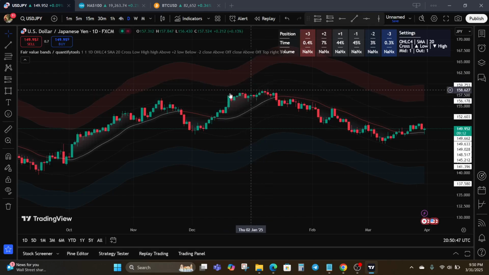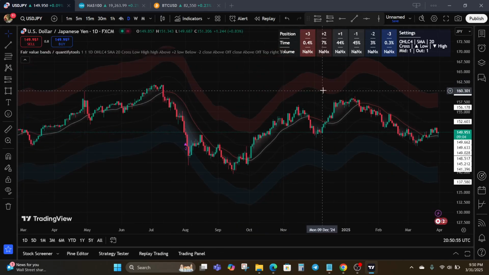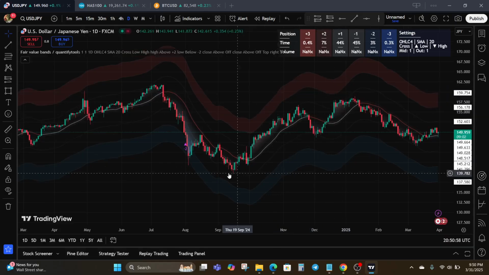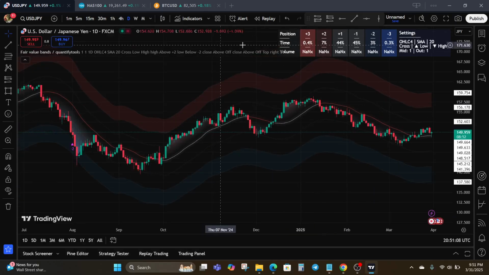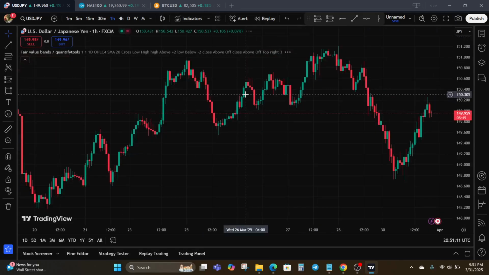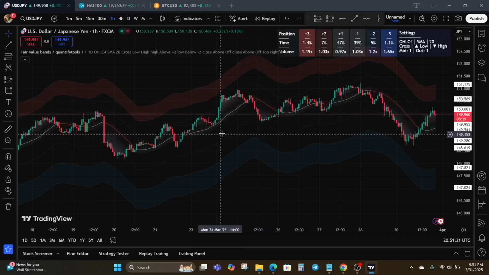When price moves above towards the upper bands, it indicates a potential reversal to the downside, right? And then for the oversold zones, when price moves below towards the lower band, it signals a possible reversal upwards. Okay. Now, concerning the fair value zones, the middle area where price is considered balanced, it helps traders determine whether the market is overextended or stable.